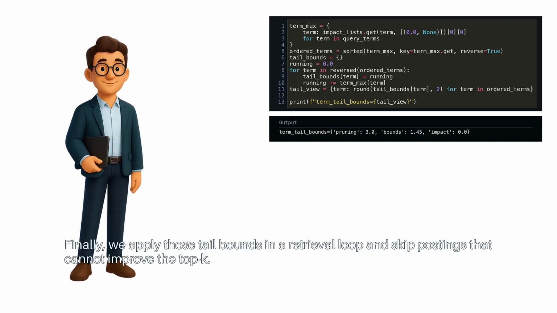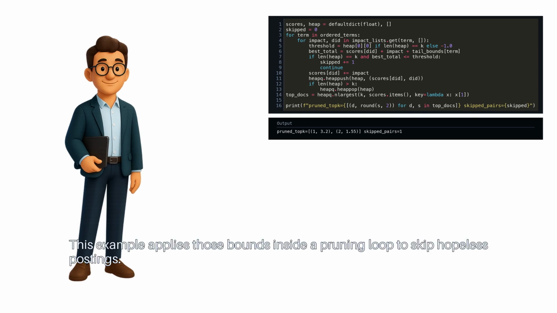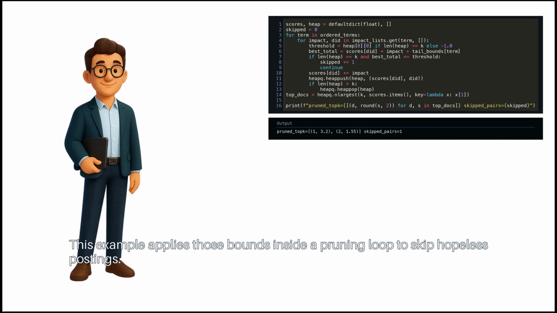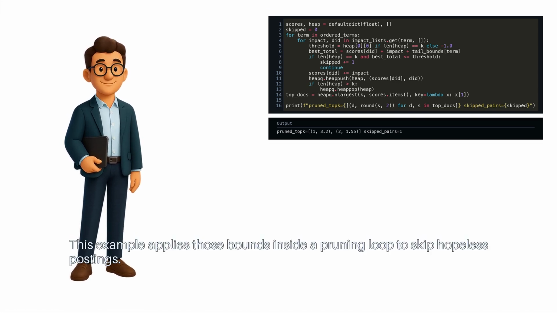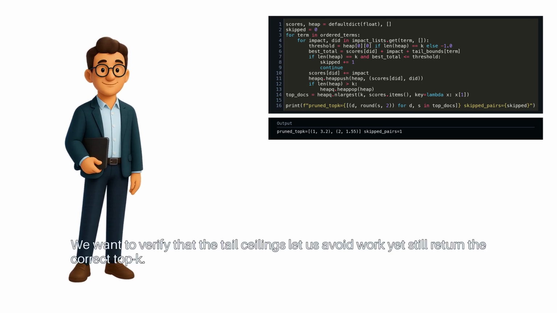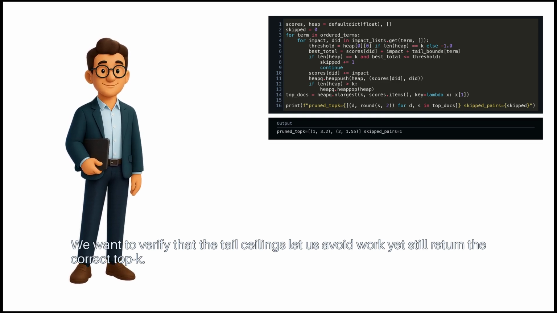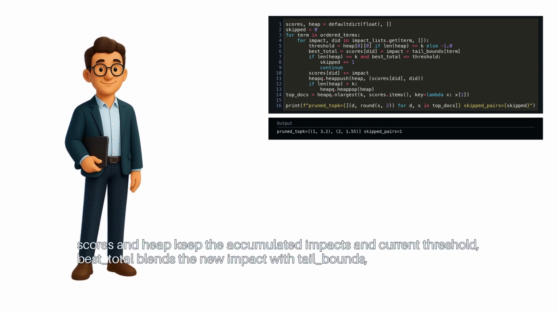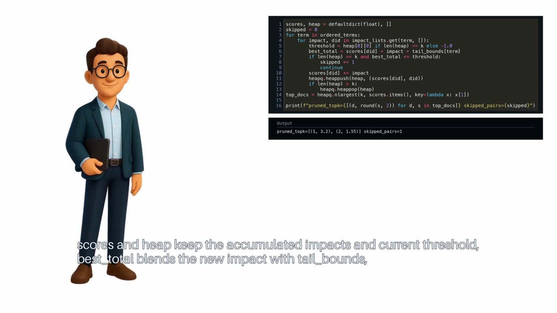Finally, we apply those tail bounds in a retrieval loop and skip postings that cannot improve the top K. This example applies those bounds inside a pruning loop to skip hopeless postings. We want to verify that the tail ceilings let us avoid work, yet still return the correct top K. Scores and heap keep the accumulated impacts and current threshold.